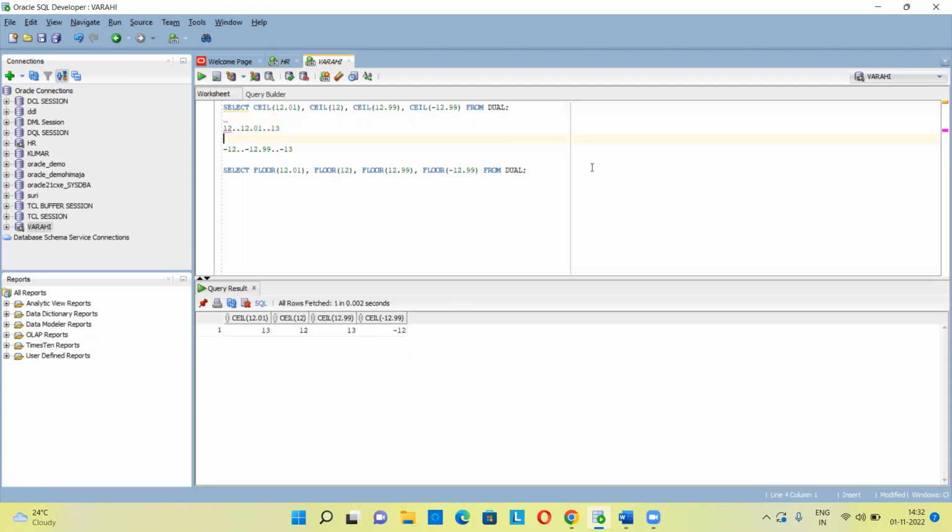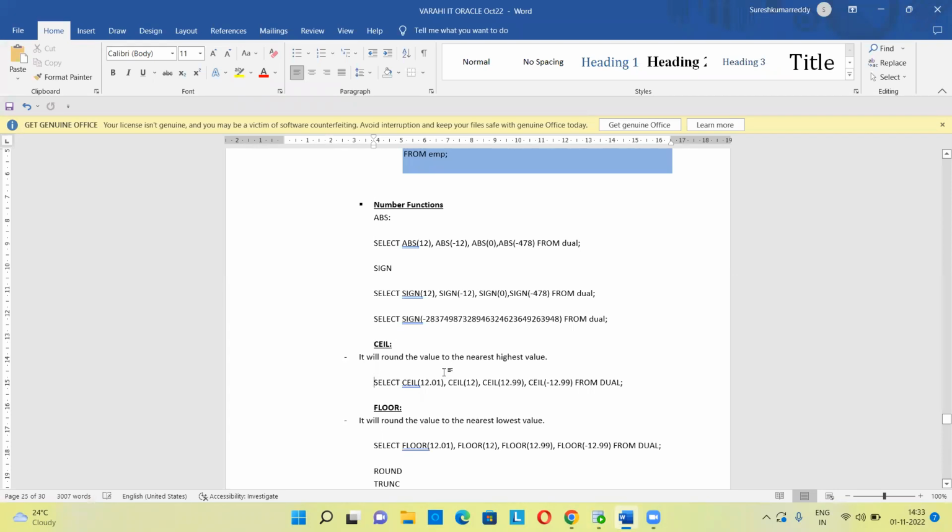And floor is a function. It will round the value to the nearest lowest value. So clear, right? That is about ceil and floor.